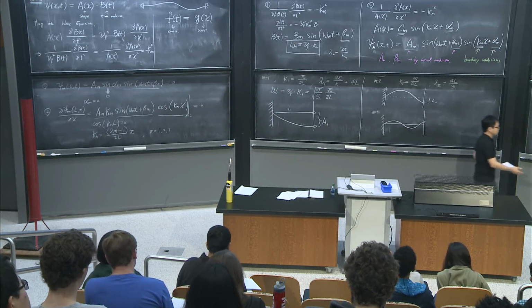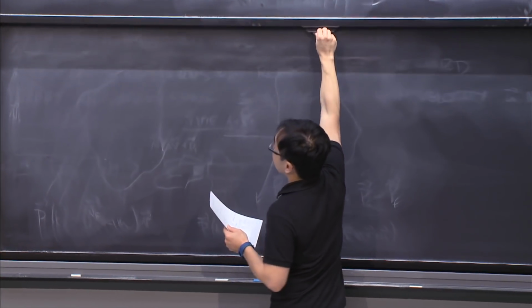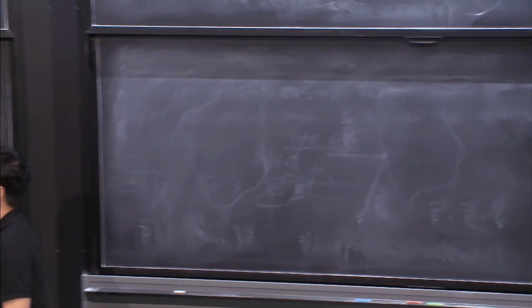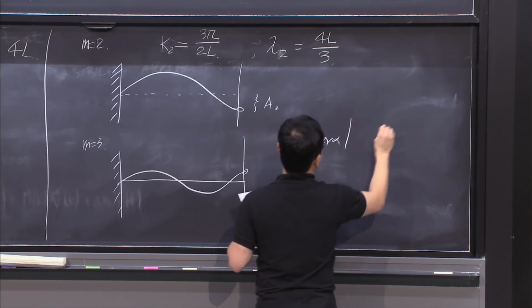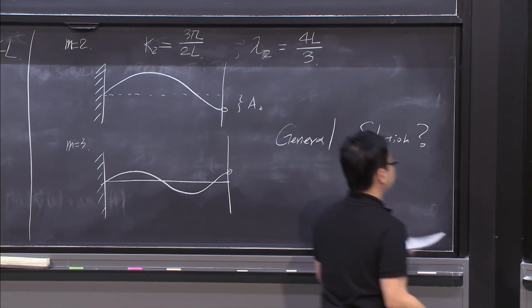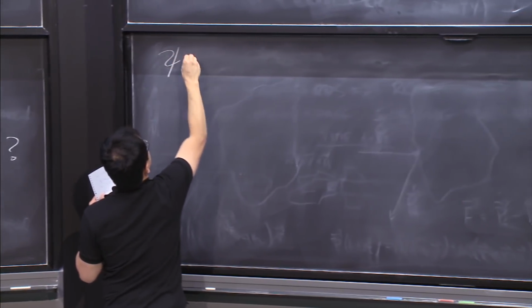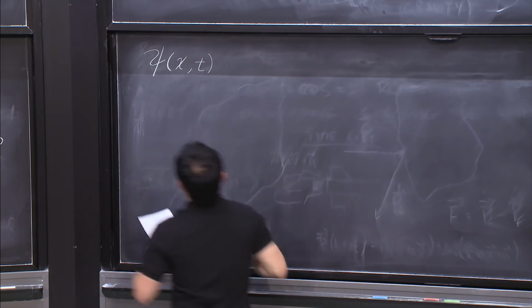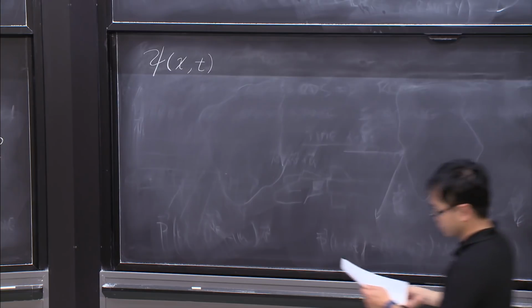Finally, we have shown you the first 3 normal modes, and what is actually the most general solution? What is a general solution? Of course, as we had before, the general solution would be a linear combination of all the possible normal modes. So now I would like to write ψ(x,t) as the general solution.